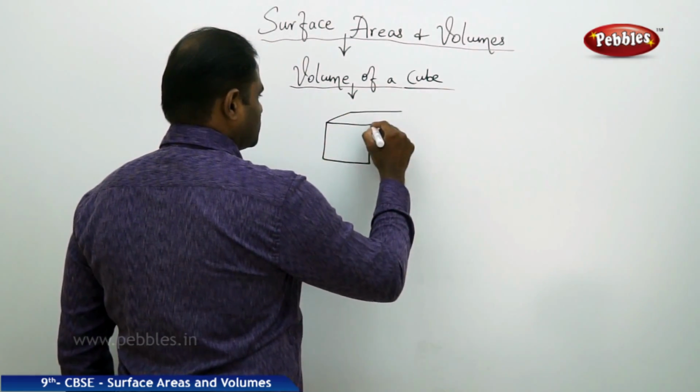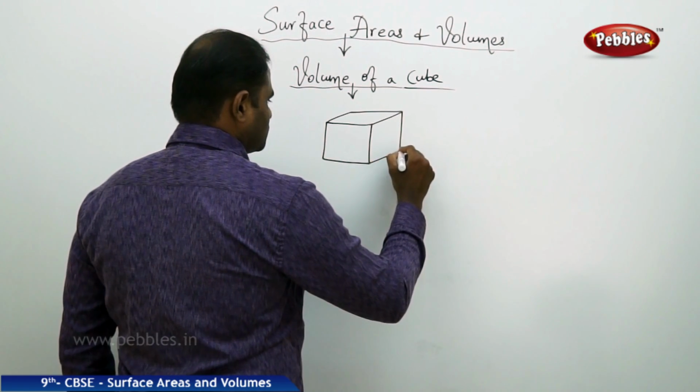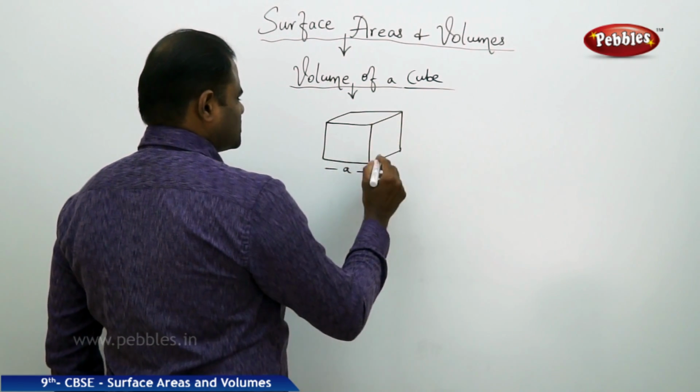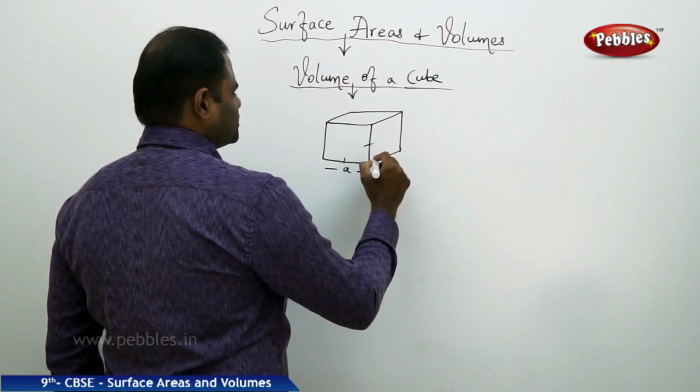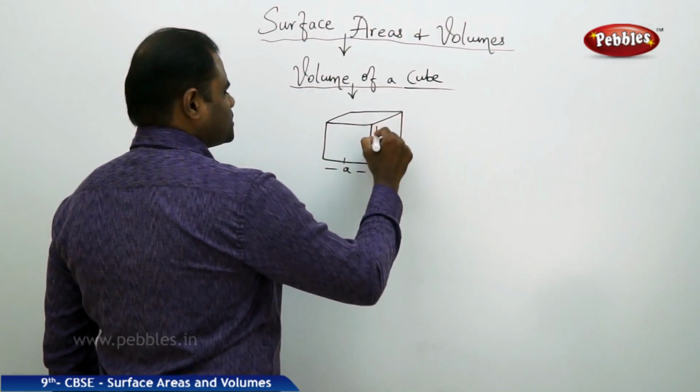Therefore, let's see how the volume of a cube is derived using the concept of volume of a cuboid. I have my cube. Say its side is A, then all its dimensions are the same.